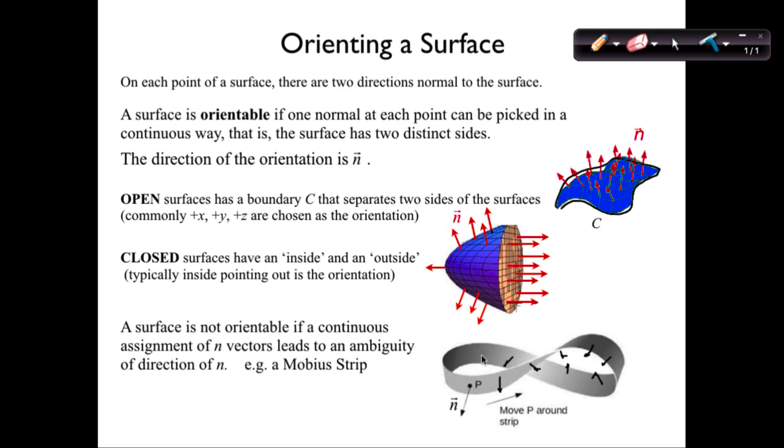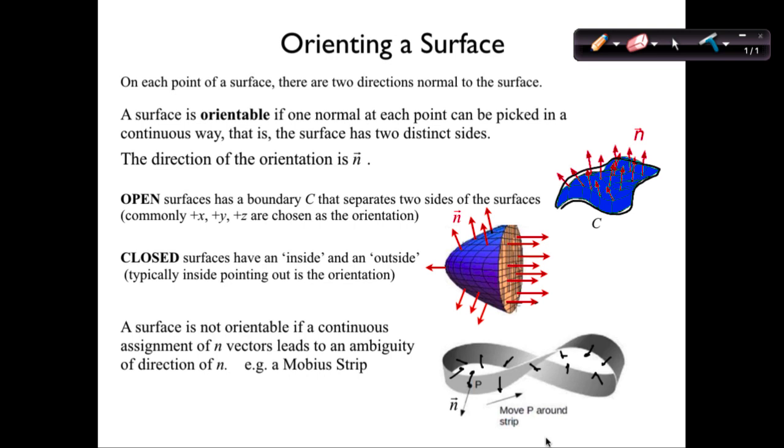And when I get all the way back to my point P, what happens? Now it's going the other way. I never crossed, I stayed on the same side, and I got back to point P, and now I'm just pointing the other way. So it doesn't have an orientation. It's kind of like it only has one side, right? You can't say that has two sides.